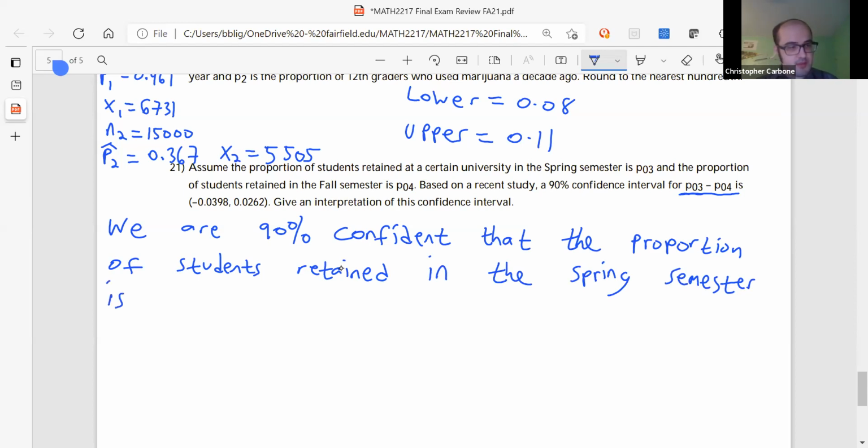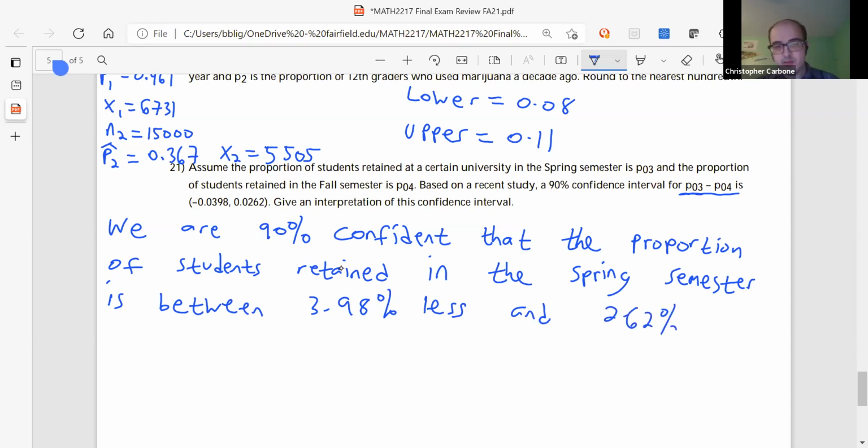is between 3.98% less, that one's less because it's negative, and 2.62%.